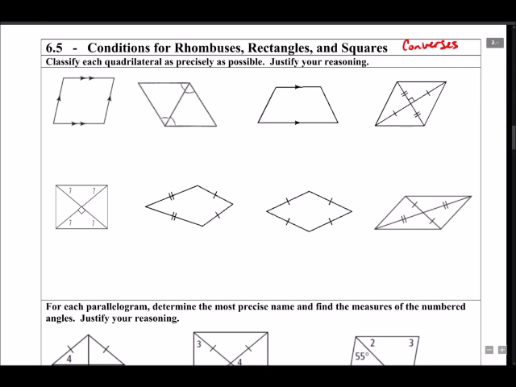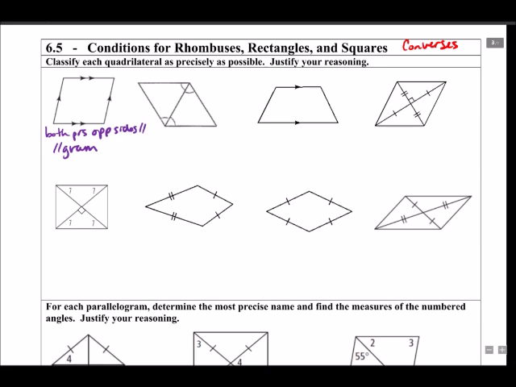So what do we have on our first one here? We have both pairs of opposite sides are parallel. Do we have anything else? Nope. Best we've got here is parallelogram. We can't go any further than that.